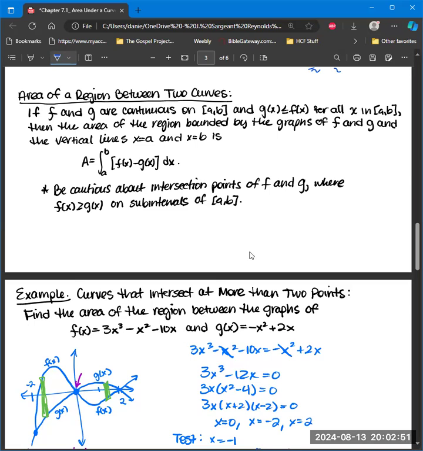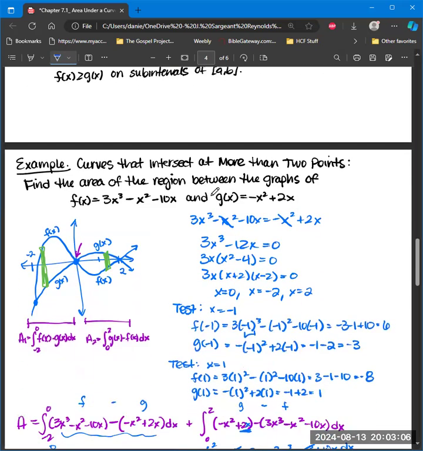Be cautious about intersecting points of f and g where the functions may switch places on which is larger than the other for various subintervals, and you may have to add regions together.